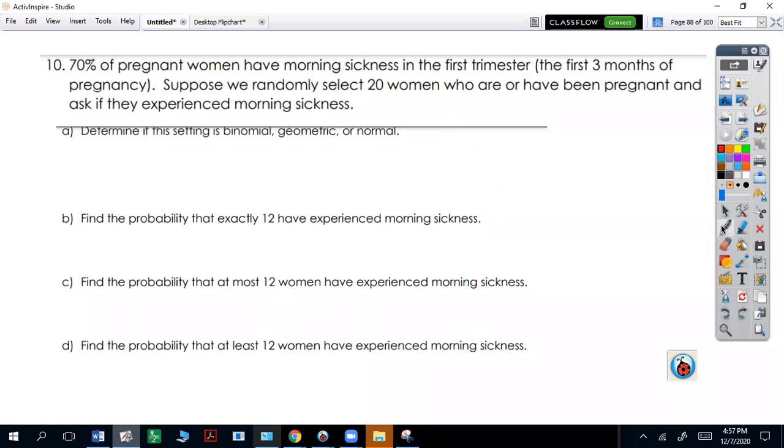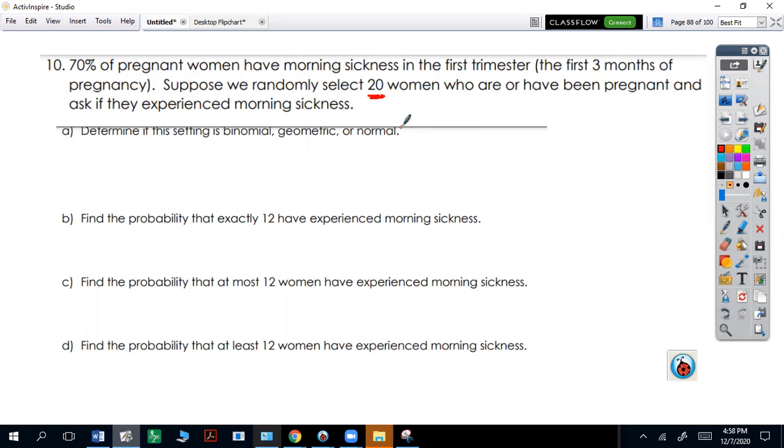This could be a binomial because you're either going to be pregnant or not pregnant. Also, the events are independent because you only had 20 women, and out of all pregnant women, that's a very small chunk, so we can assume each probability is going to be roughly the same.